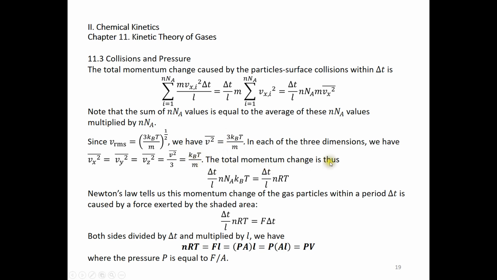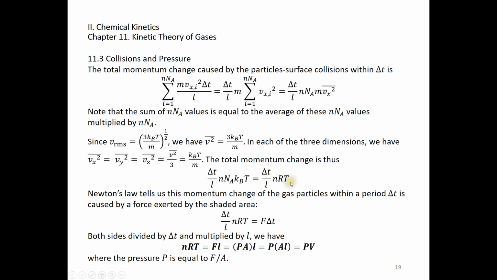The total momentum change between the particles and the A1 shaded area is thus over here. I was replacing mv squared with kBT. And note here, the Avogadro constant times the Boltzmann constant is equal to R, the ideal gas constant. So we have this simple equation.